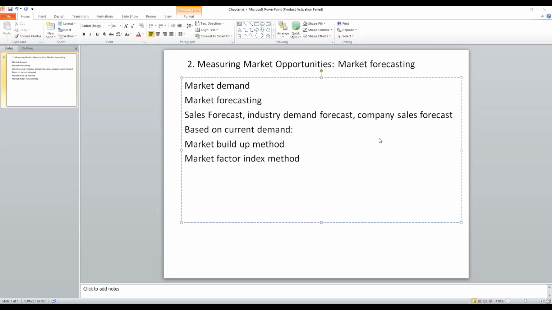They should have a proper estimation of the current size and the future potential for the product. Now, to develop effective target strategies and to manage their marketing efforts effectively and efficiently, companies must be good at measuring current market demand and forecasting future demand.